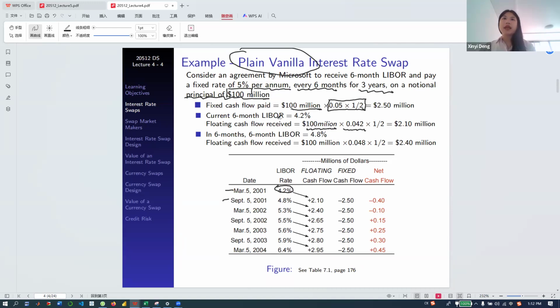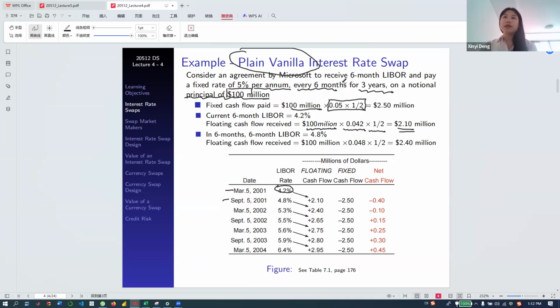And of course, again, this is an annual rate, and you have to convert it into semi-annual by multiplying by 1/2 or 0.5. And by doing that, you find that the floating payment is 2.1.